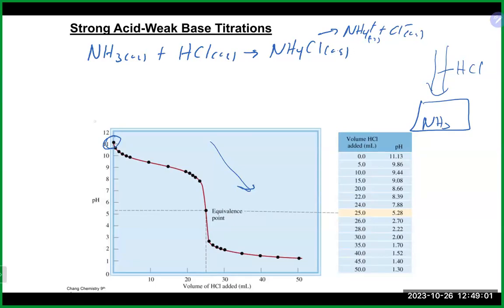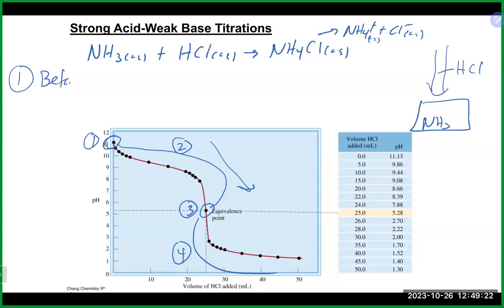Same four parts to this titration curve: before we begin the titration, before we get to the equivalence point, at the equivalence point, and past the equivalence point would actually be down in this area here. So let's start tearing this one apart at step number 1, before we start the titration.